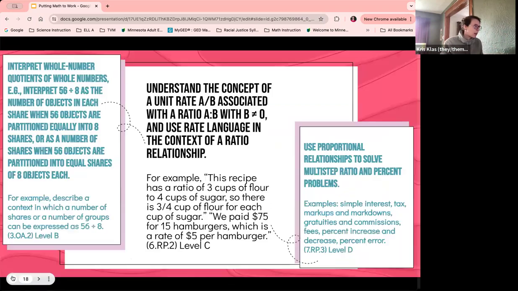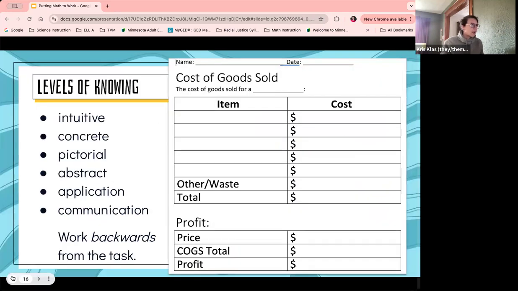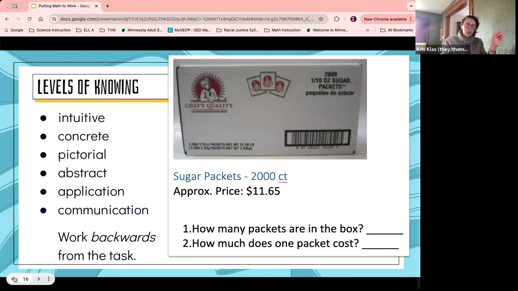This particular task, the cost of goods sold, this form was just from the curriculum.